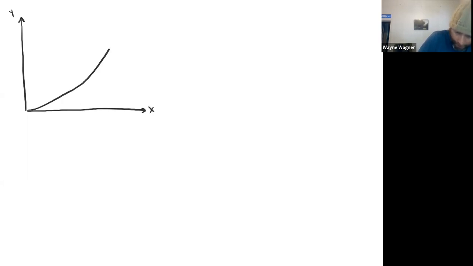I want to milk this for as much as we can, because I'm hopeful that you guys will start to be able to see when these things are x and when they're y and when they're not. So here we go. Here's the shape: y equals kx cubed. And this will be b, and this will be a.